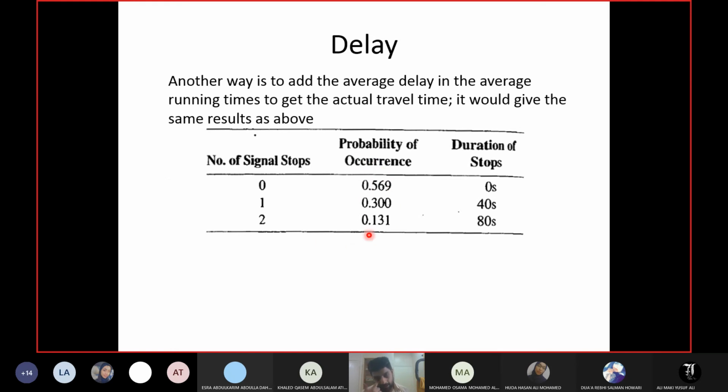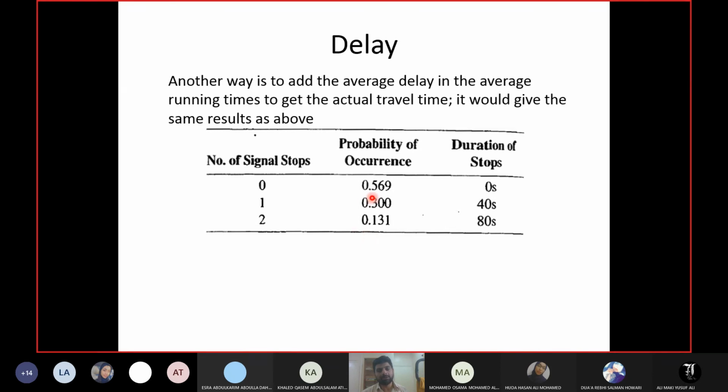Okay, so for example, the highway for which the running times were given in the first case, let us assume that on that highway there are 2 signals. Okay, and somebody has calculated the percentage of vehicles which have to stop on 1 signal or 2 signals or none of the signals. So that becomes the chance of any vehicle to stop on the signals to have the delay.